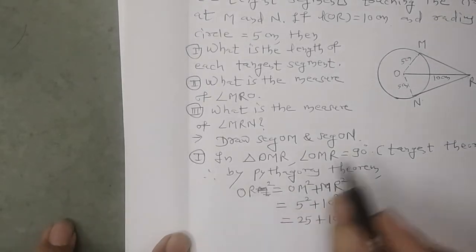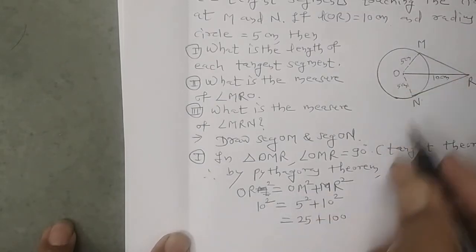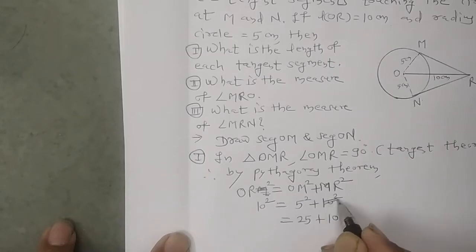Therefore OR is 10. Therefore 10 square is equal to OM is 5 square plus, now here RM or MR square.